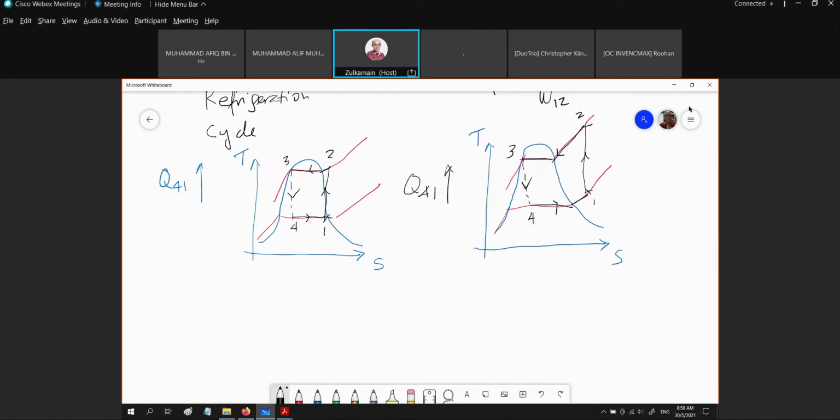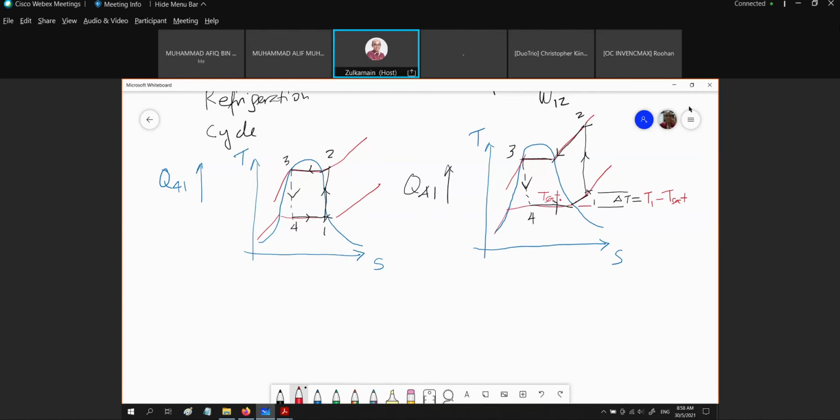Okay, before that, I'm going to define this delta T, which is T1 minus T sat. Where is the T sat? The T sat at the pressure of evaporator.